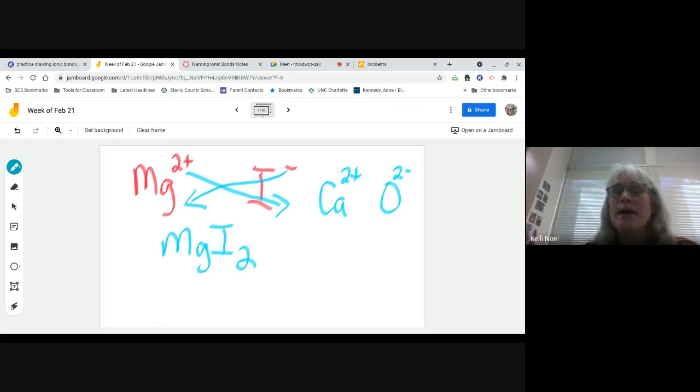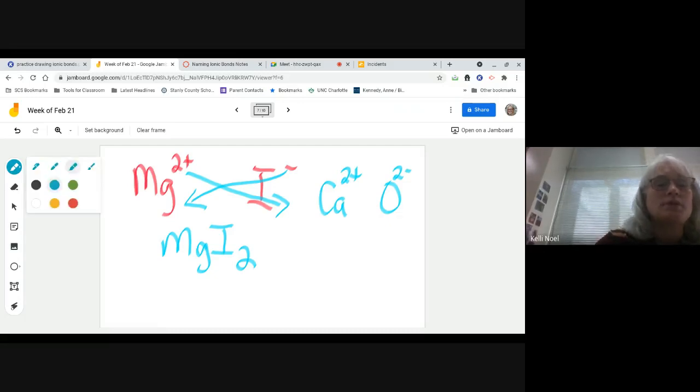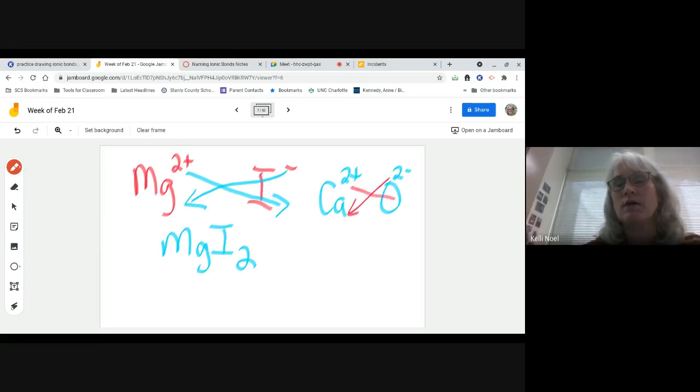Now, anytime my numbers are the same here, not the charges, the number is the same, I'm going to need to reduce. So you can do this one of 2 ways. So when you go this way, you could say that this is Ca2O2, but that will reduce to CaO. Because if I divide by 2, I get 1.